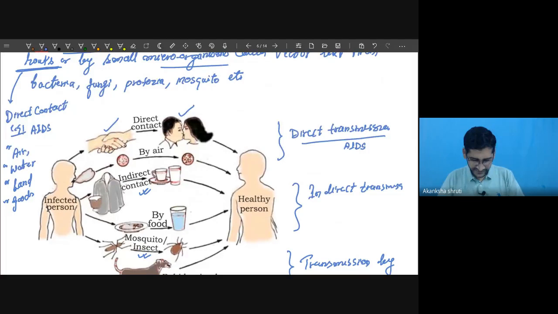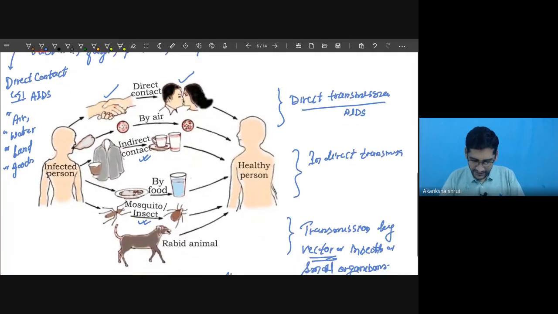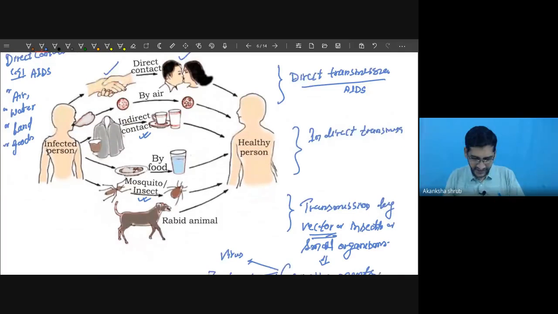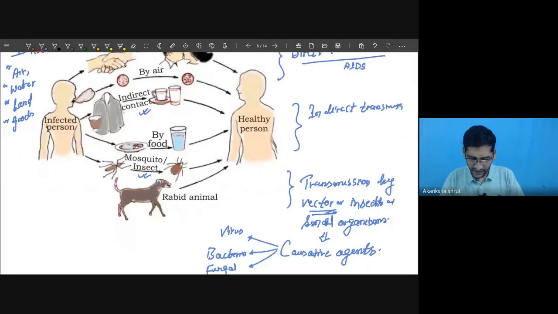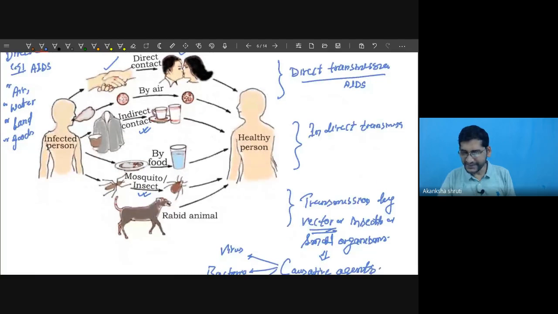Indirect contact occurs by the use of goods used by the infectious person, or the communication may be because of insects, like malaria, or a virus. We had already written that. We have to learn about these transmittable or communicable diseases and their agents in more detail, because that is more important.